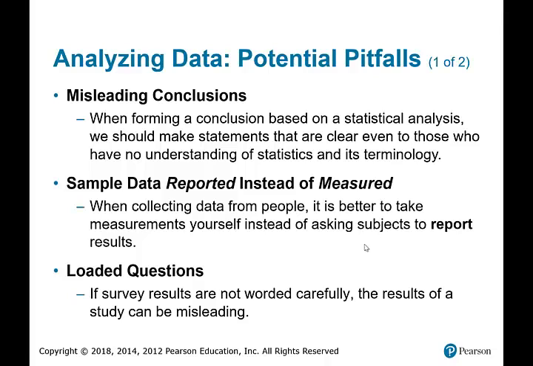There could very well be some bias in the reported measurements that you receive, whereas if you could, in a non-COVID era, obviously, get together and actually take the measurements yourself by weighing each individual to collect the data, that would be unbiased.